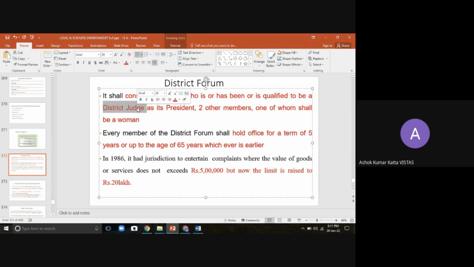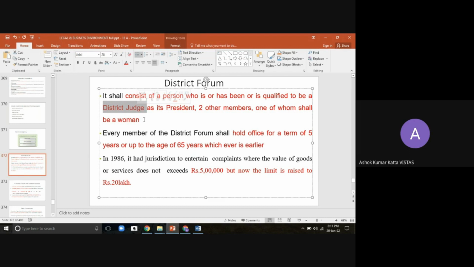That is the reason in the district level forums, a qualified person acts as a judge. As we know about TNPSC and UPSC, union level, state level, they conduct different sorts of examinations to select appropriate candidates.